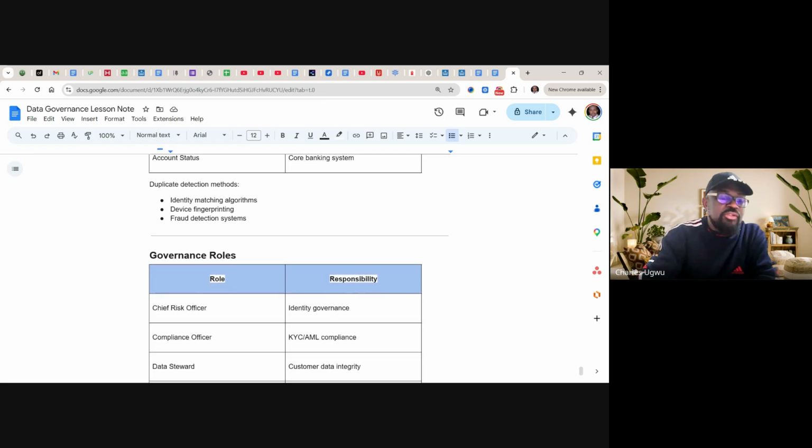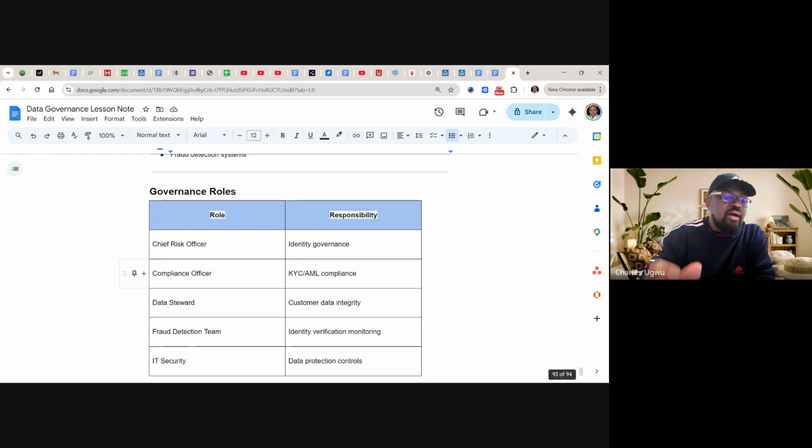And governance roles, we have the chief risk officer. The chief risk officer is in charge of identity governance. And we have the compliance officer. The compliance officer is in charge of KYC and anti-money laundering compliance.